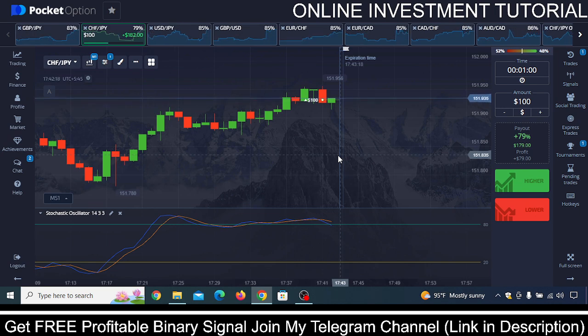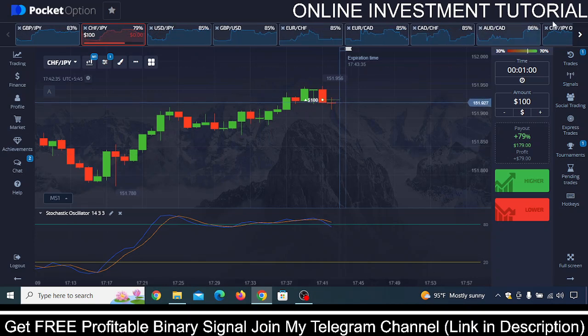It seems like the market is trying to move up, but let's see. We have a few seconds remaining, 17 seconds. So let's see what happens in this trade.